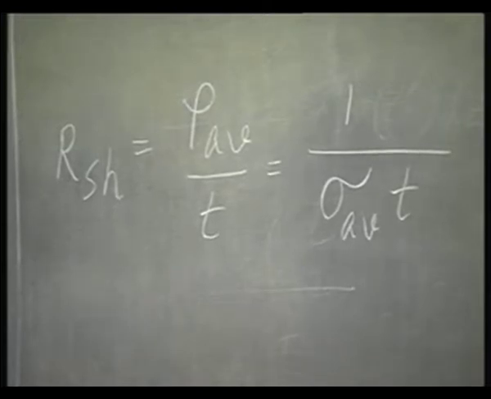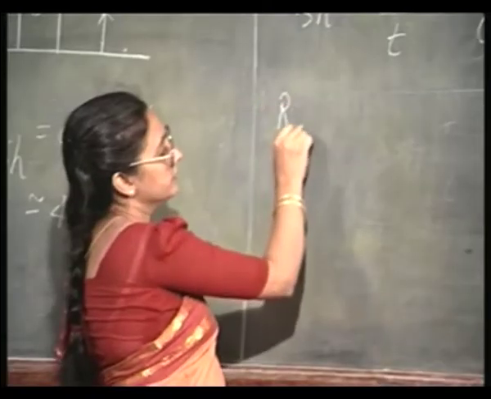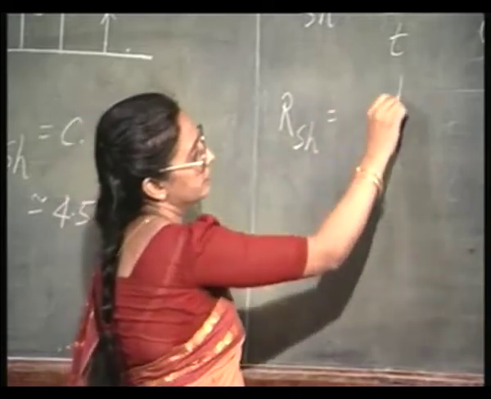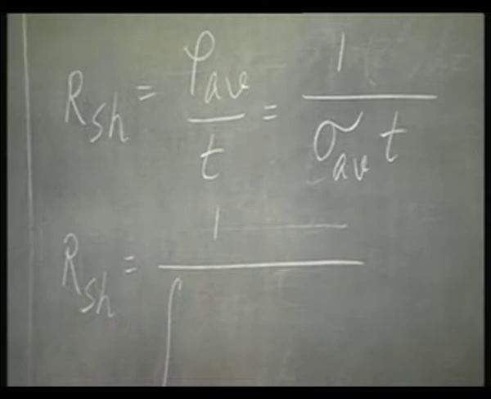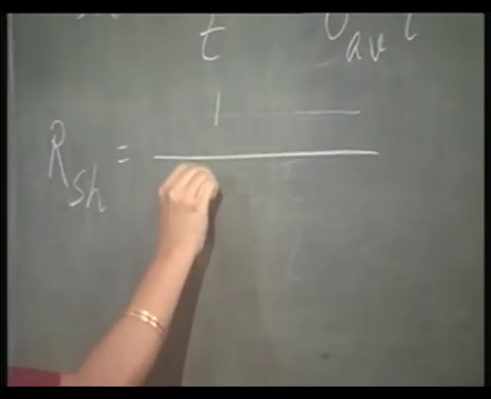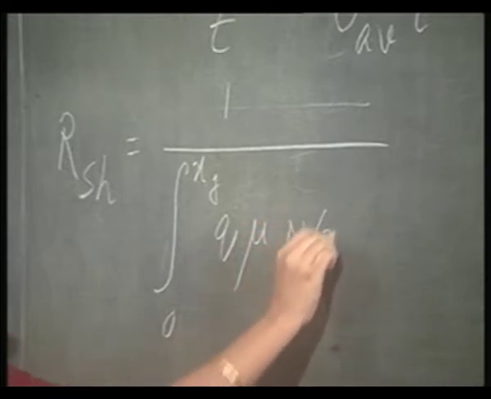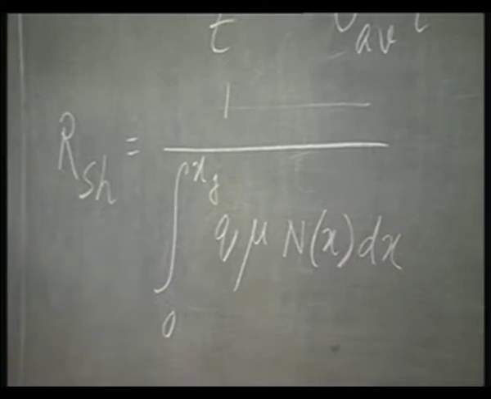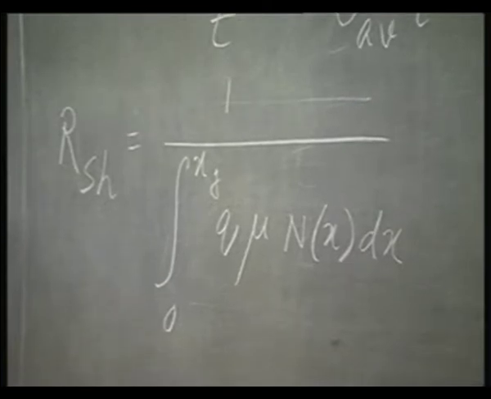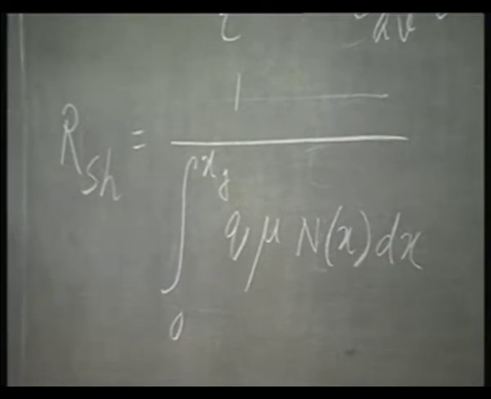Now, this sigma average into T can be written as, agreed.